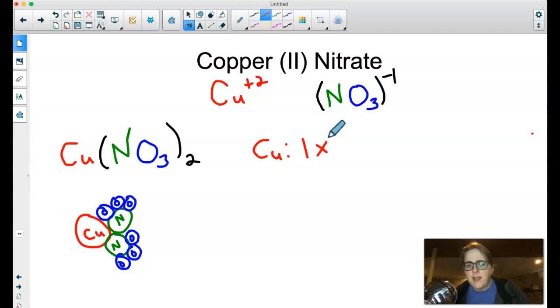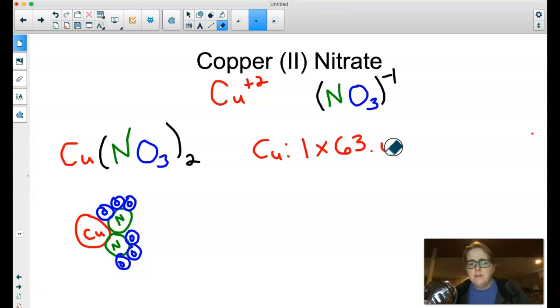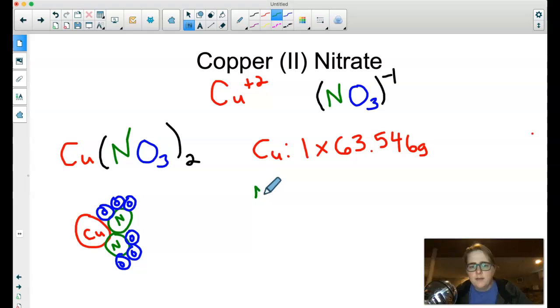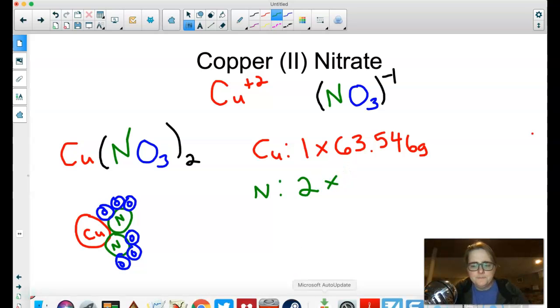So each mole of copper is 63.546 grams. So that means, if I do 1 times this mass, I will get how many grams of copper are in 1 mole of this copper 2 nitrate.